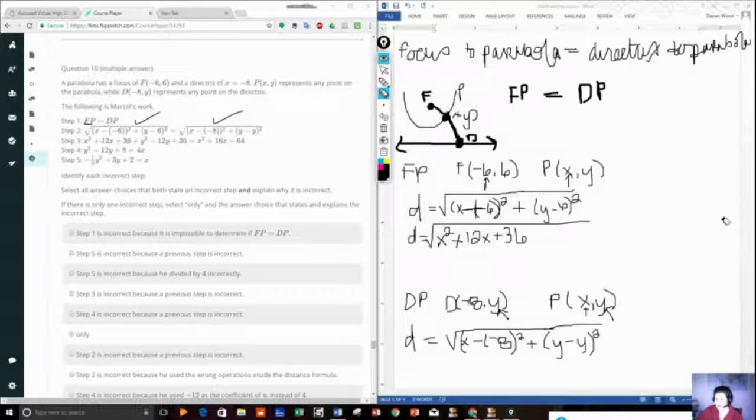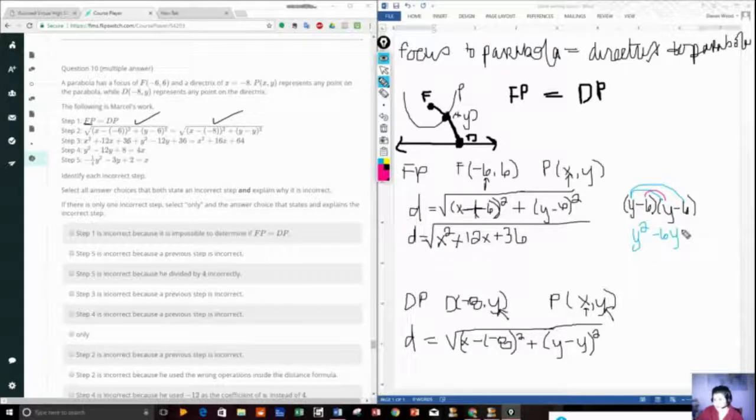Again, y minus 6 squared means y minus 6 times y minus 6. And we distribute. So y times y is y squared. y times -6 is -6y. And then we do it to the other ones.